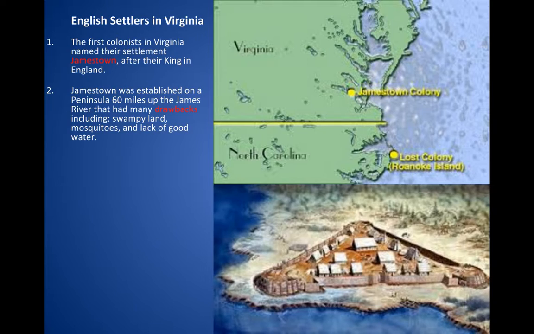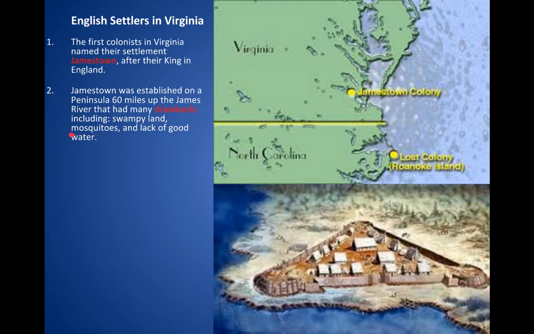There were many drawbacks that came with settling here on the James River. These drawbacks were that the land was really swampy. It was tough farmland, wasn't really great farmland here right along the James River. With the swampy land came mosquitoes. So the bugs were really bad. The bugs made them sick.